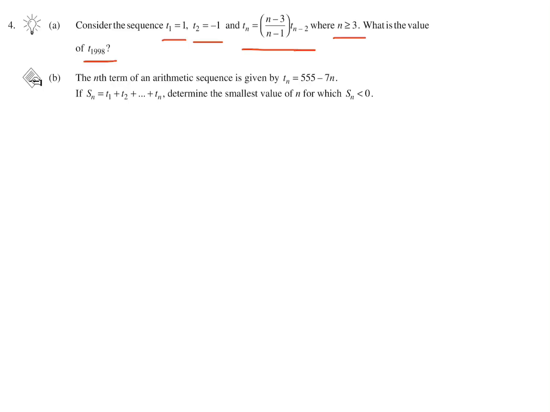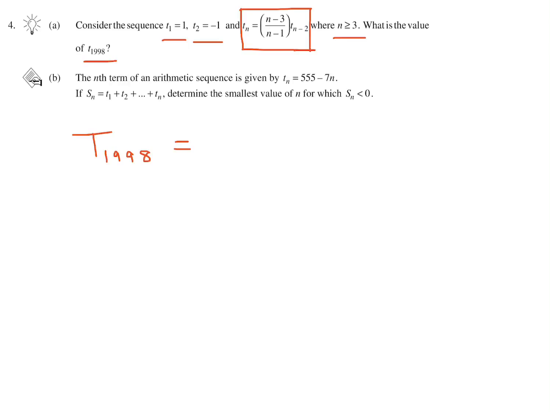All right, let's see what we get. I like using capitals, it just makes it less confusing for me. 1998. All right, so I'm going to concentrate on this formula that they gave me.